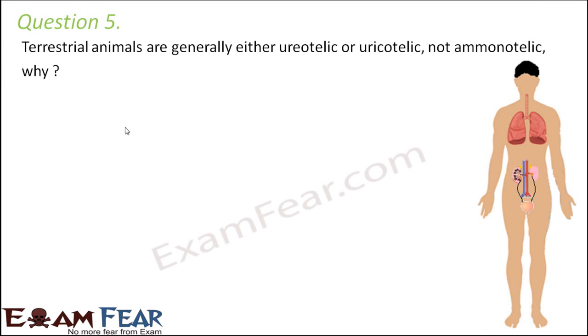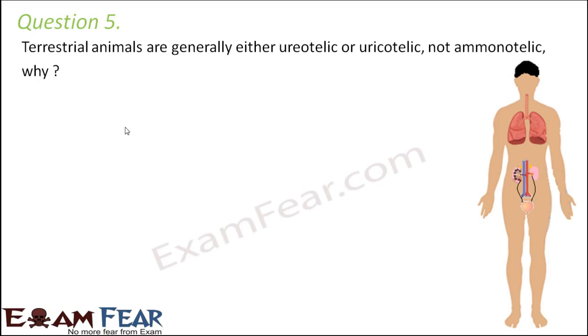Let us look at question number 5. Terrestrial animals are generally either ureotelic or uricotelic, not ammonotelic. Why? Now this I mentioned before also. Ammonia is something which is highly soluble in water.